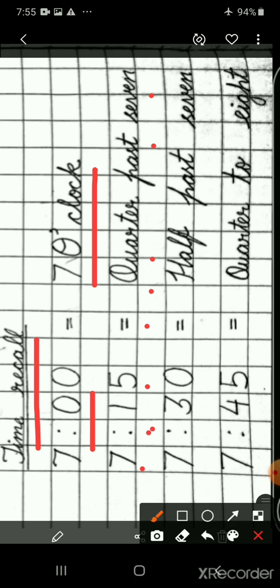In two ways you can write these times. 7:30, half past 7. 7:45, we may know it as quarter to 8. Like this you will write.